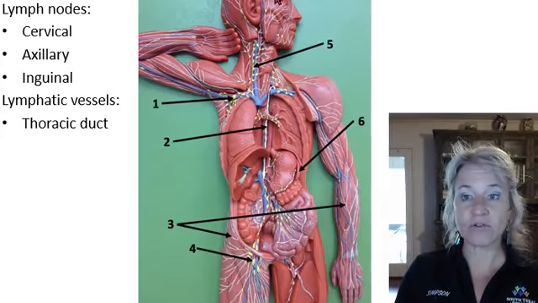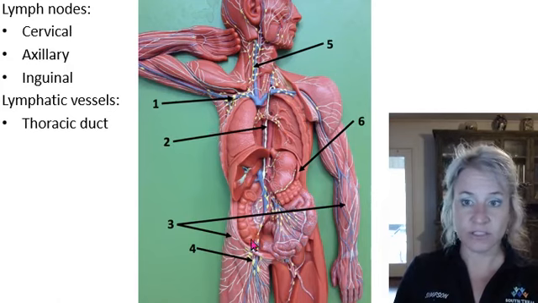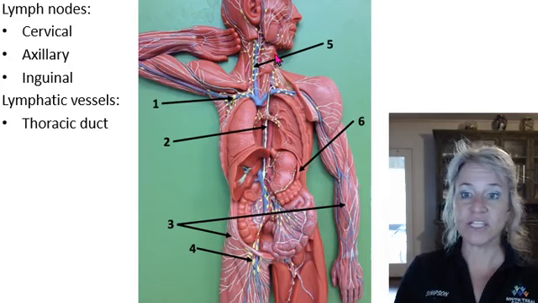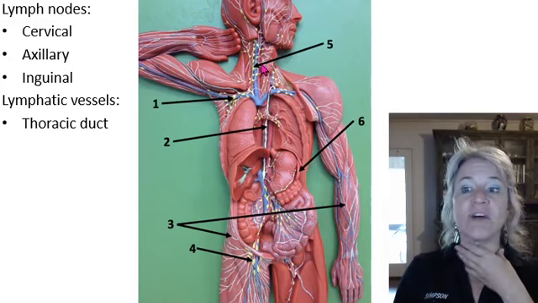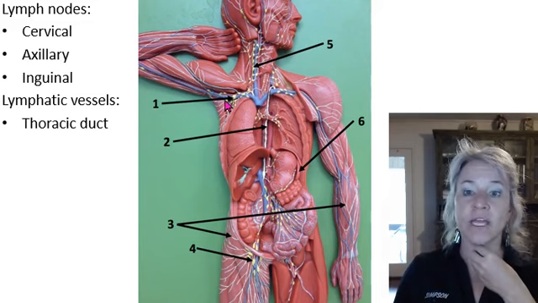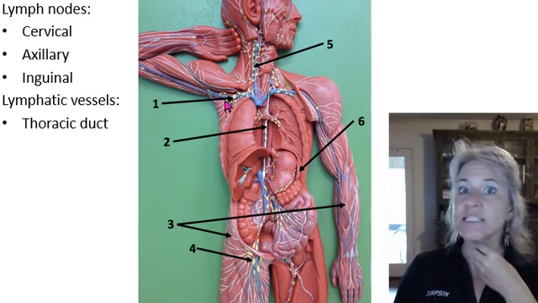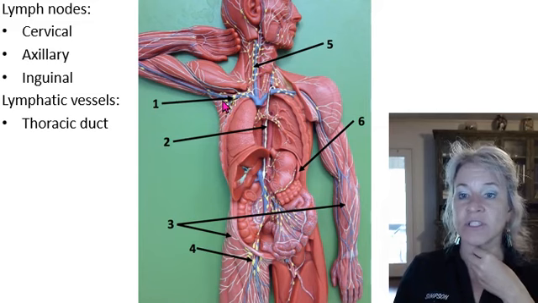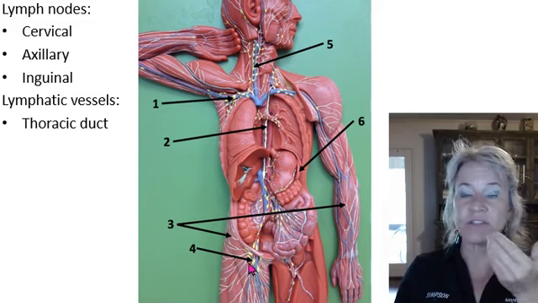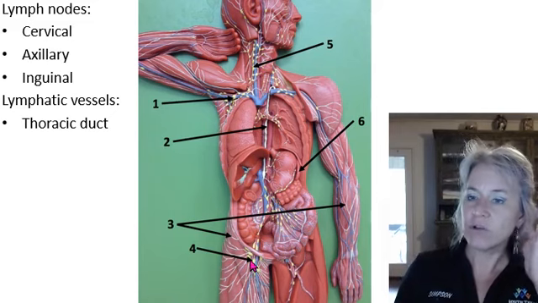The lymph nodes all over the body are named according to their location. So here in the region of the neck, the cervical region, these are going to be the cervical lymph nodes. And in the armpit, those are going to be your axillary lymph nodes. And here in the inguinal region, those are the inguinal lymph nodes.